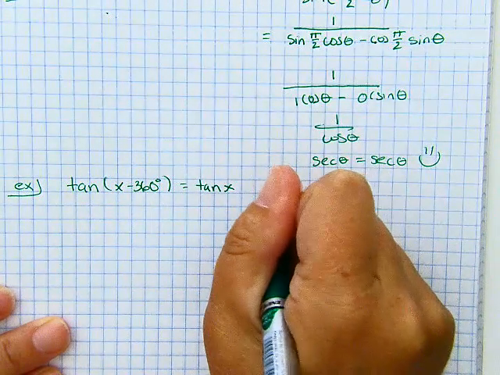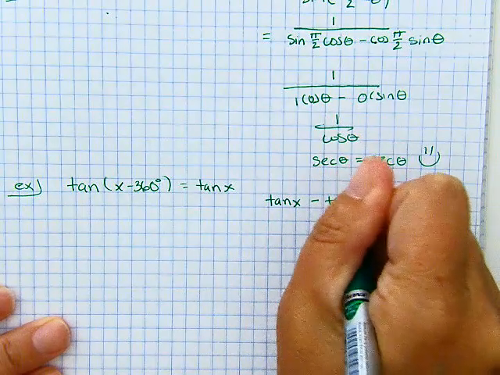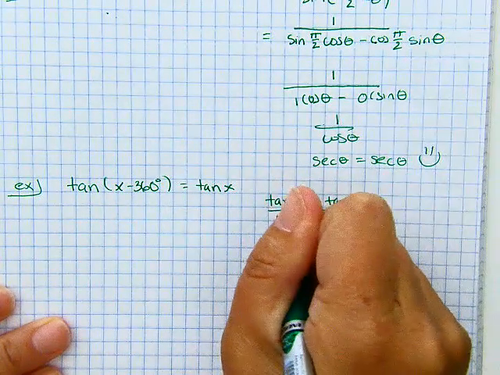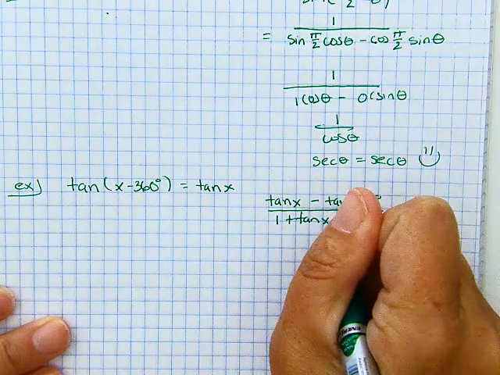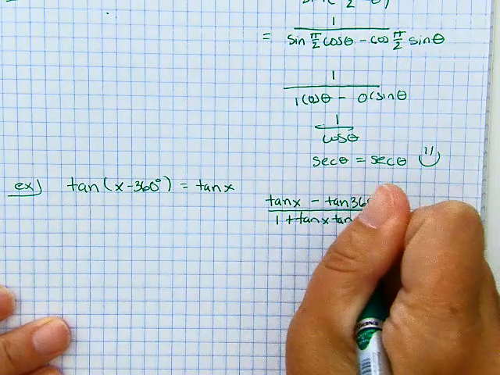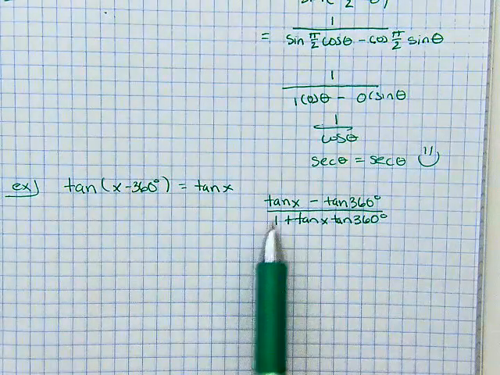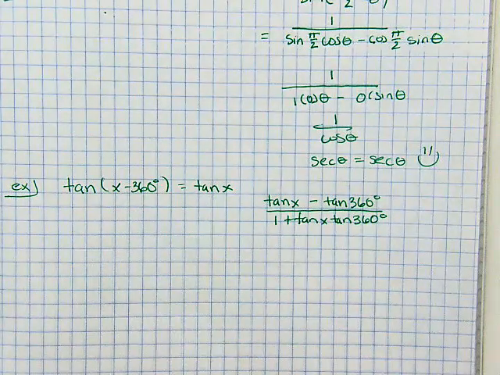So we're going to plug it in. We get tangent of x minus tangent of 360 degrees all over 1 plus tangent of x tangent of 360 degrees. So that's the first step. We're just going to plug x and 360 into the tangent difference.